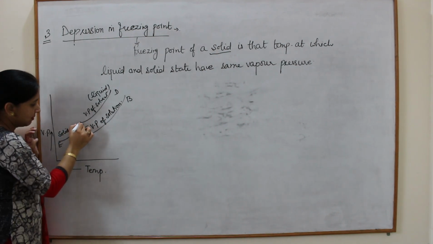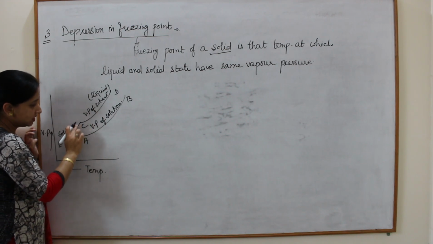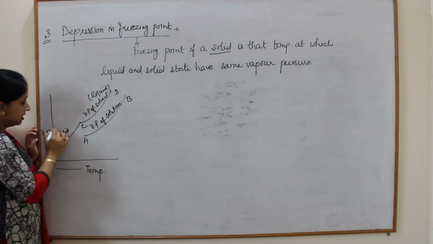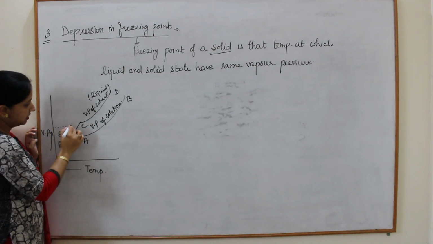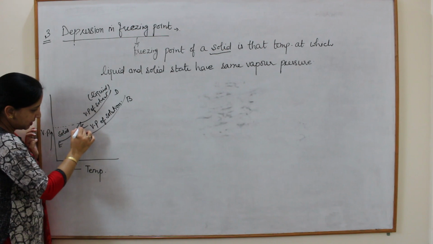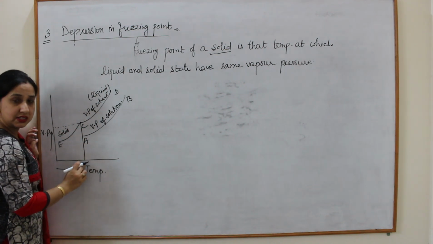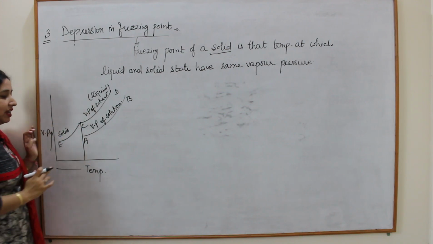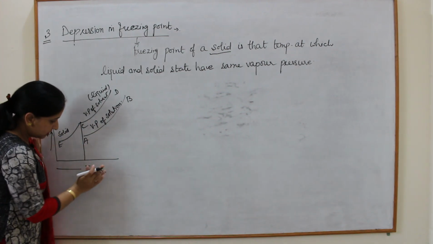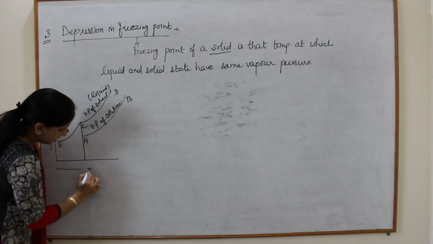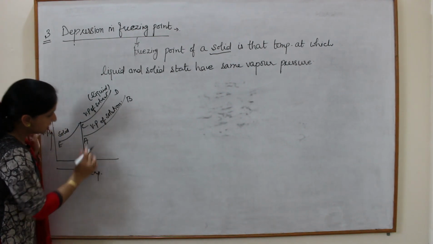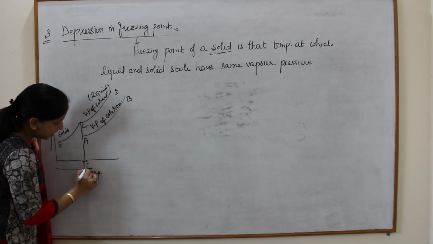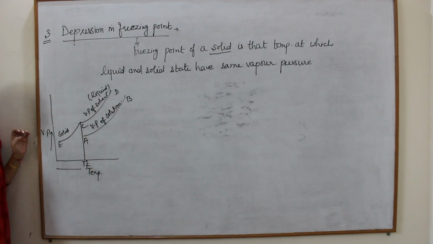So this temperature in which solid as well as liquid state have same vapor pressure. So this temperature is known as the freezing point of that very solid. So because it is a pure solvent, so we will denote it as T naught F.